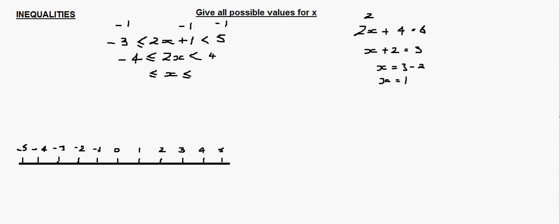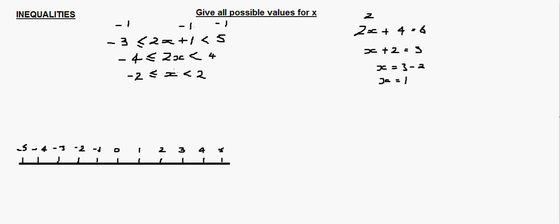So we just want x. So I'm going to need to divide by 2 because we have 2x. So -4 divided by 2 would be -2, and 4 divided by 2 would be 2.